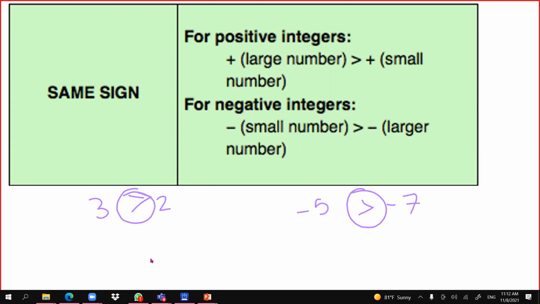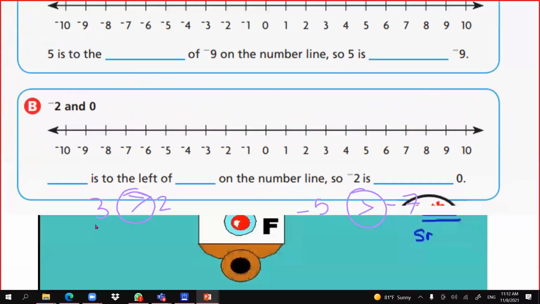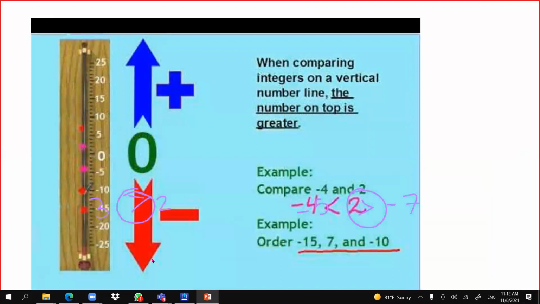So now we can compare between the numbers by the horizontal number line and by the rules, and today we're going to learn how we can compare between them by the vertical number line. What do I mean by the vertical number line?